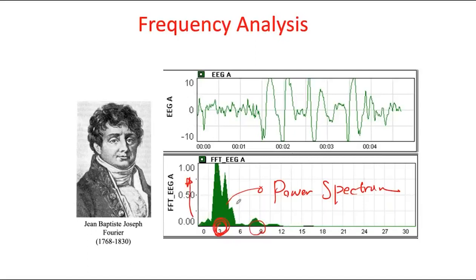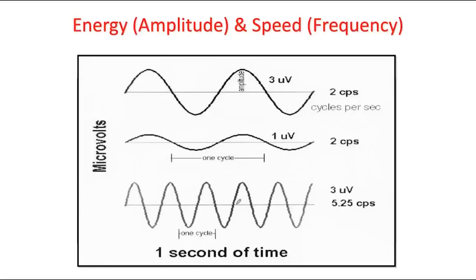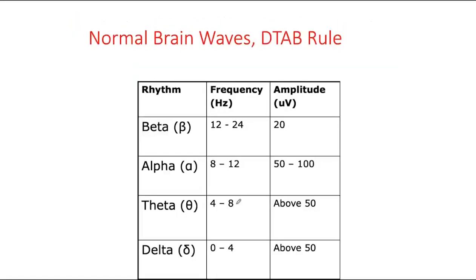This is what we call power frequency, and we can divide them into different bands, like beta, alpha, theta. People try to show that different bands have different meanings or functions in the brain. So that is something important as well. That is how we have the power spectrum at the end.